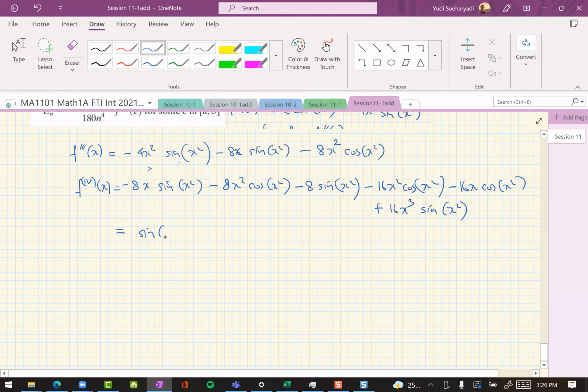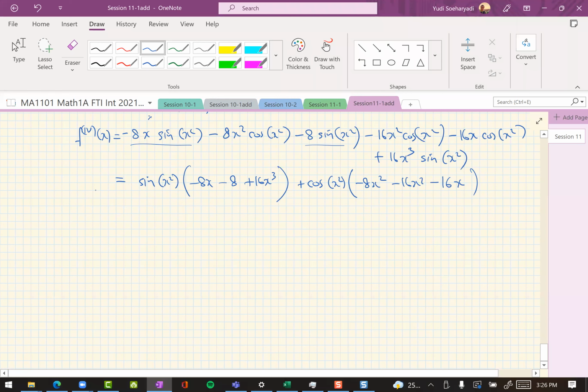So the sine x squared terms: we have 8 plus 16x cubed. For cosine: minus 8x squared, minus 16x.